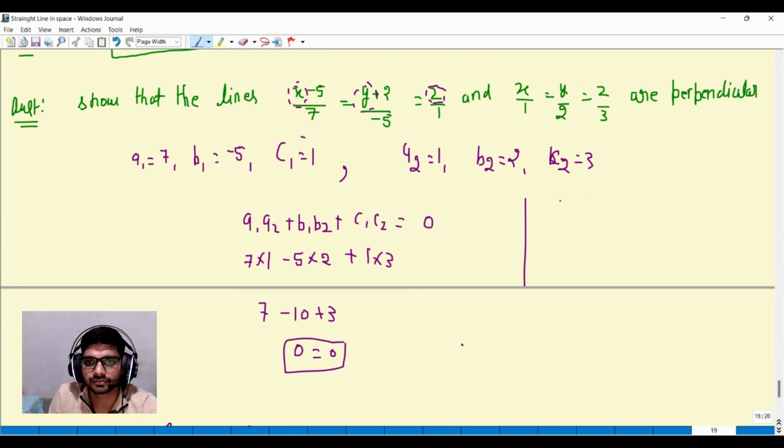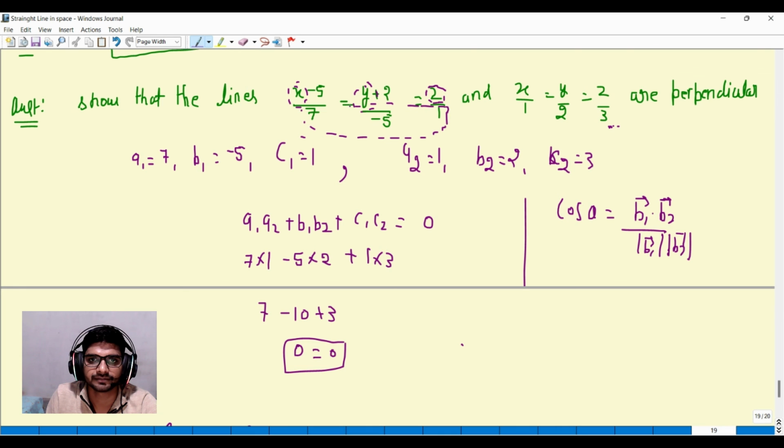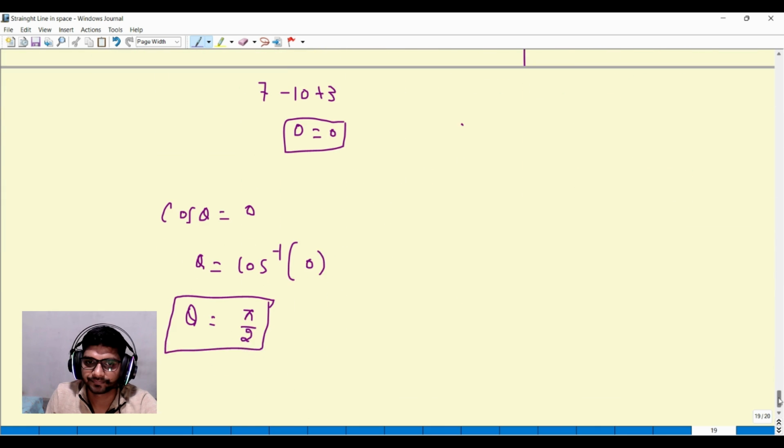We can also use the formula cos theta equals b1 dot b2 upon mod of b1 and mod of b2, where b1 and b2 are the vectors formed from the direction ratios of these equations. By using that we can also find it.